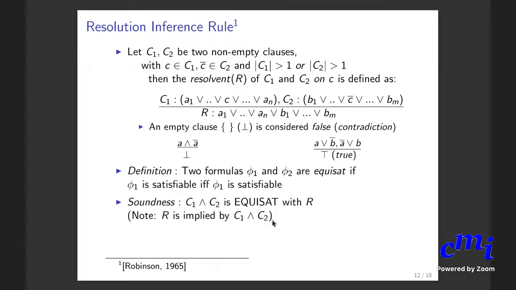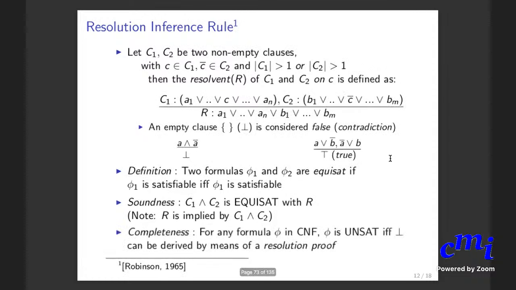Here the idea is not to make you understand all the nitty-gritties of resolution, but just to give you an idea of what a proof is and what inference rules are. Inference rules always go from some premises, given above the horizontal line, to something which you derive as a conclusion, written below the horizontal line.